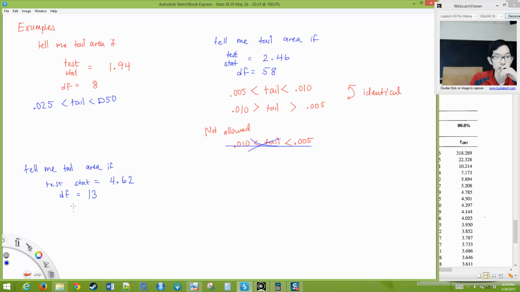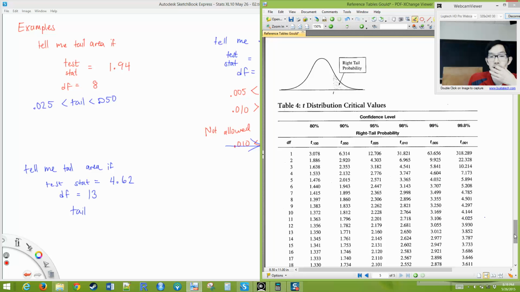What is your tail area? So you have 13 degrees of freedom and your test statistic is 4.62. What is our tail area?